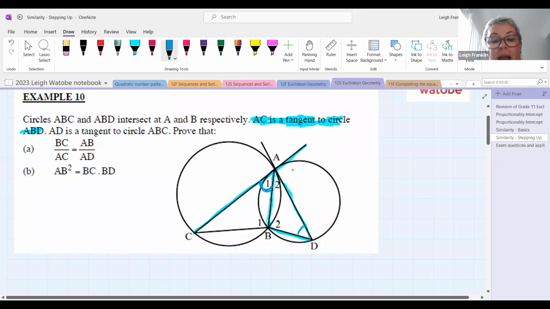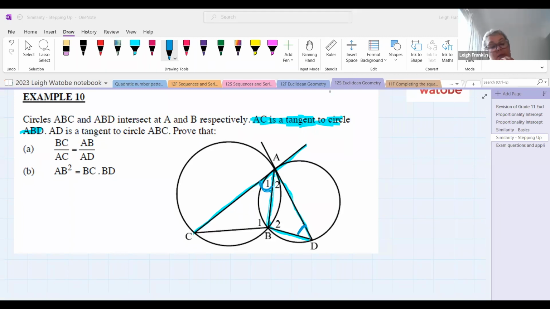So that would be angle D. Okay, good. Yes, Miss Ba, that's quite right. That is how they want you to interpret this information. So AC is a tangent to the circle ABD. They're trying to tell us that A1 equals angle D.